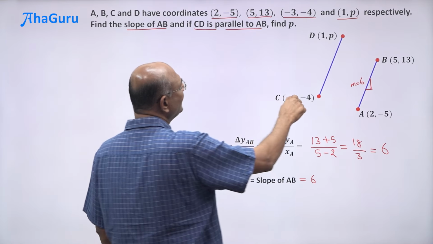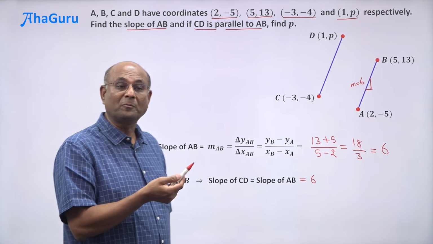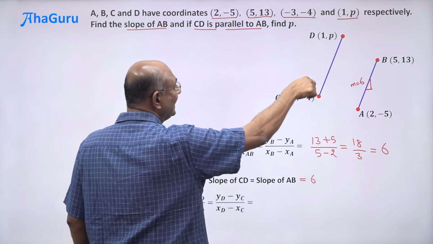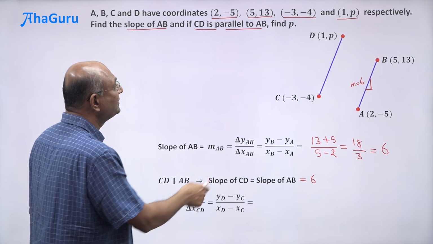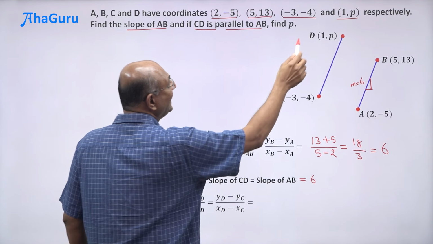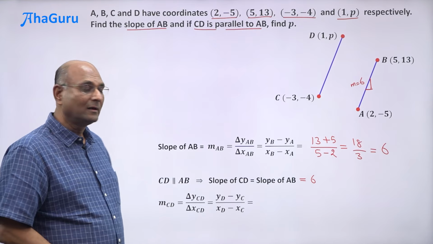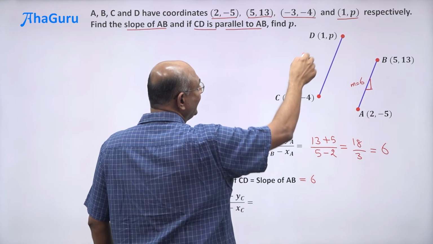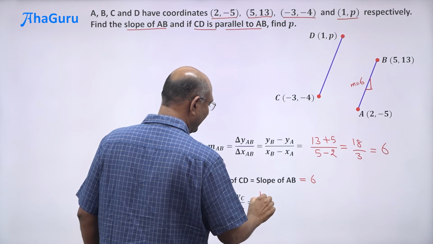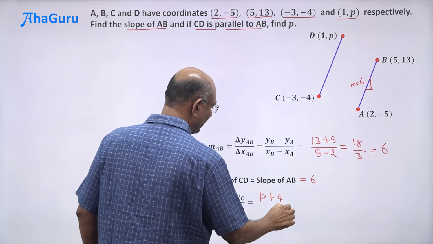But just looking at C and D, can't you find the slope of CD? Yes. Slope of CD is delta Y by delta X for CD, which is YD minus YC by XD minus XC. So what is YD minus YC? P minus of minus 4. So it is P plus 4.